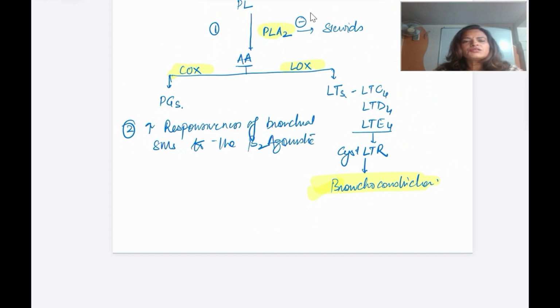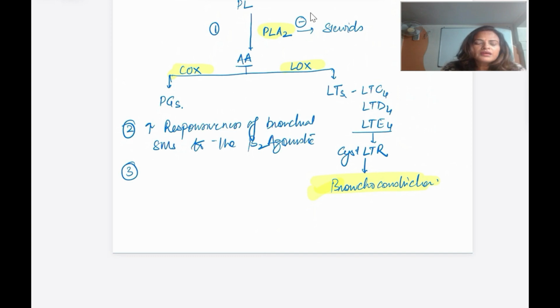When we use beta-2 agonists long term, there is down regulation of the receptor, so the smooth muscle does not show sensitivity to them. Corticosteroids restore that sensitivity.